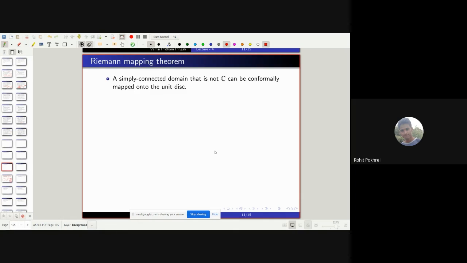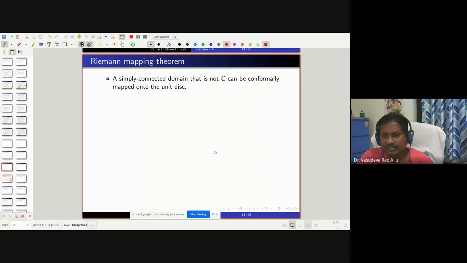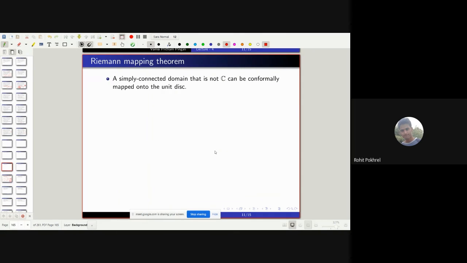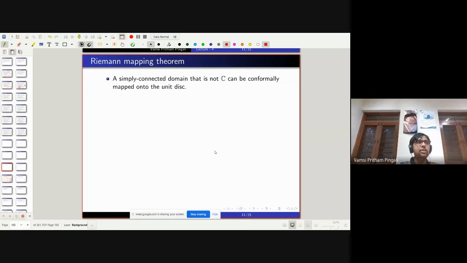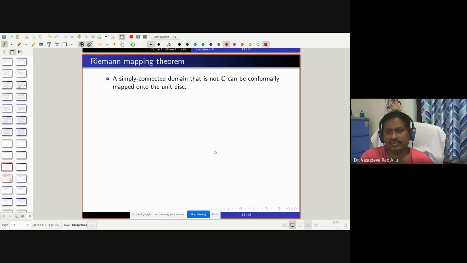Sir, that is deformation retraction, no? Deformation retraction to what map? That's my question. Deformation retraction is between two maps, right? So you're saying a conformal map deformation retracts to what other map? The question is not clear to me.